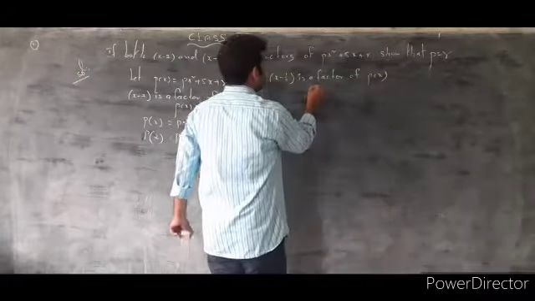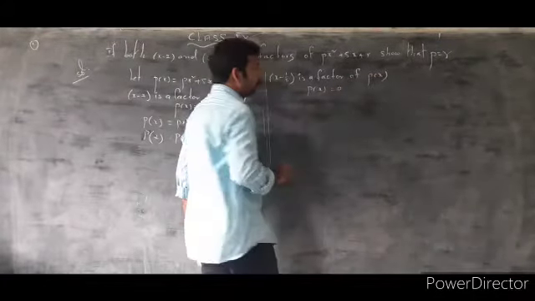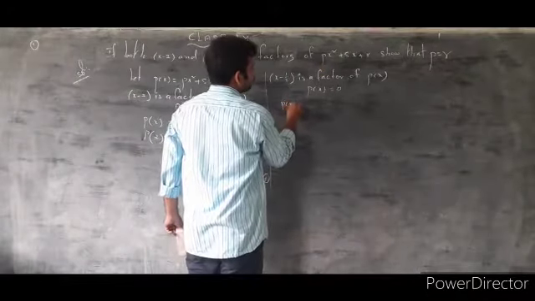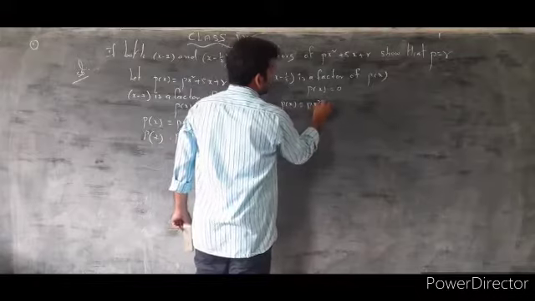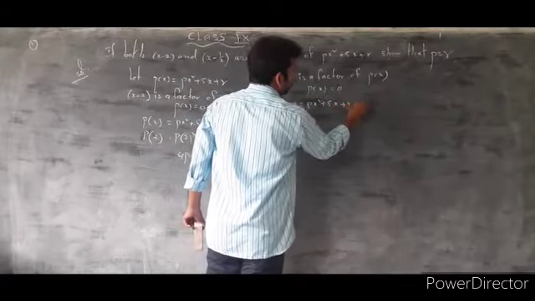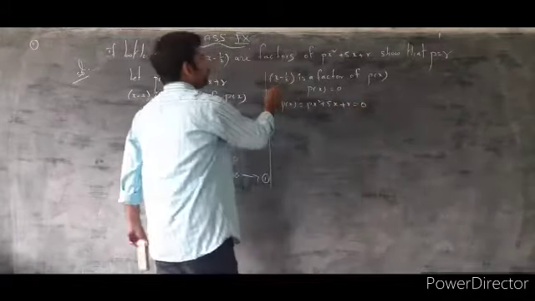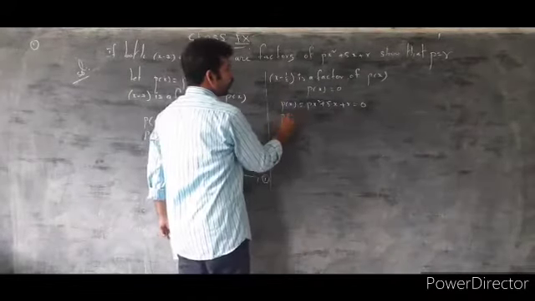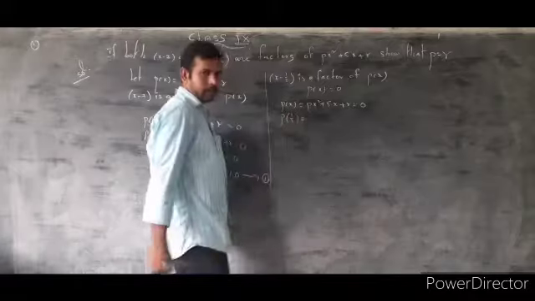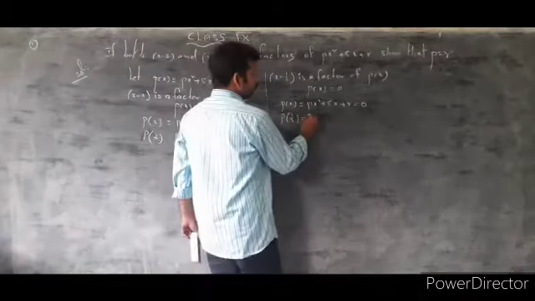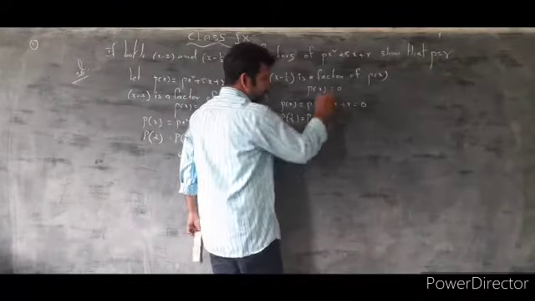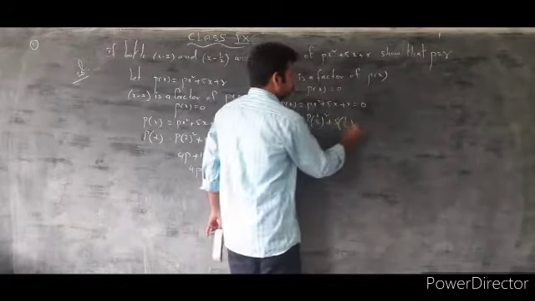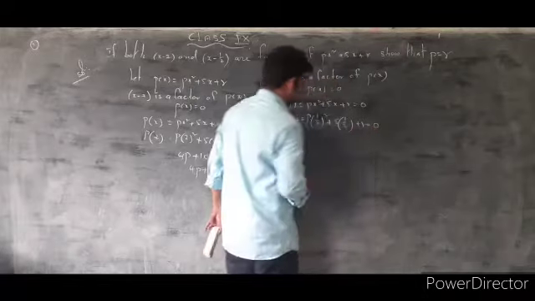So p of x equal to 0, that is px square plus 5x plus r equal to 0. Here x minus half equal to 0, so x equal to 1 by 2 is substituted. So p of 1 by 2 equals p into 1 by 2 whole square plus 5 into 1 by 2 plus r equal to 0.